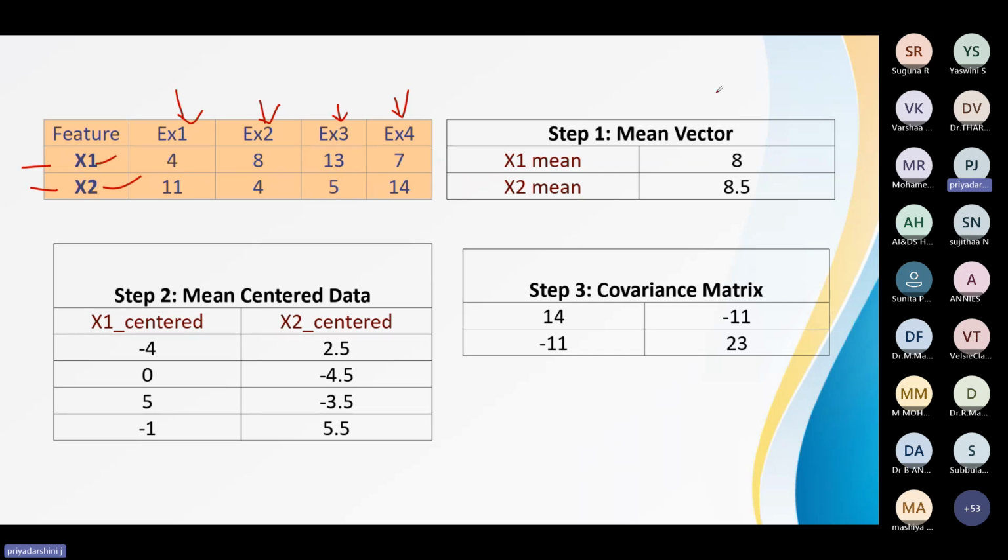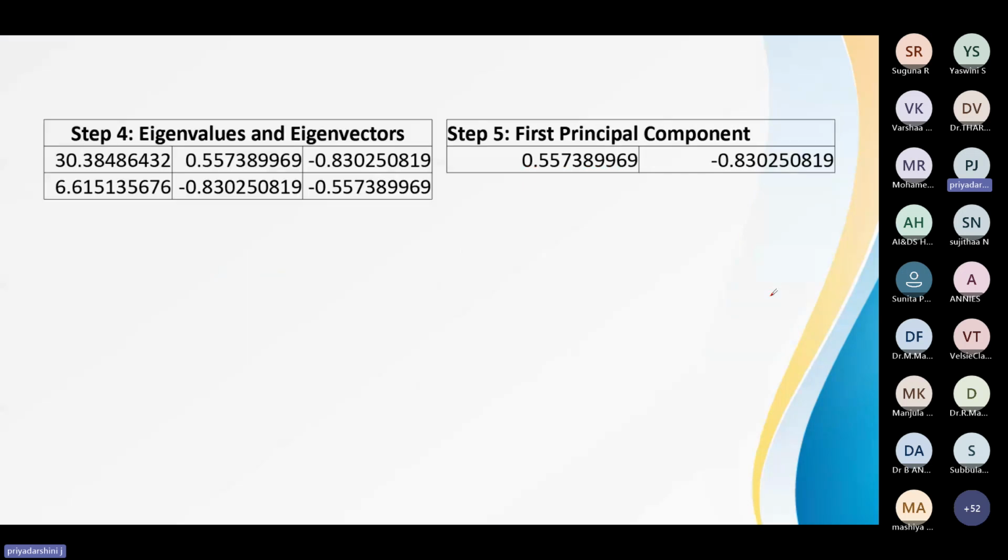Here I'm calculating the mean of x1, x2, and checking the centered mean, and then the covariance matrix. Just as for regression we have correlation as the important factor, for PCA we have this covariance matrix. Then we find the eigenvalues and eigenvectors, and with those we group them together.